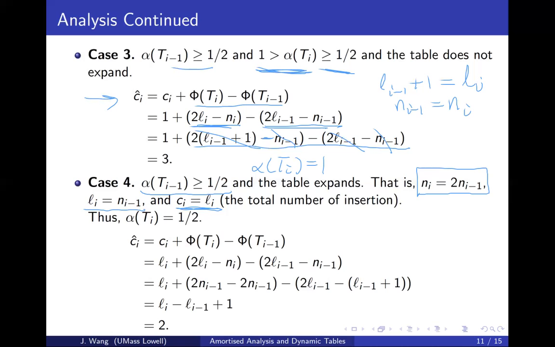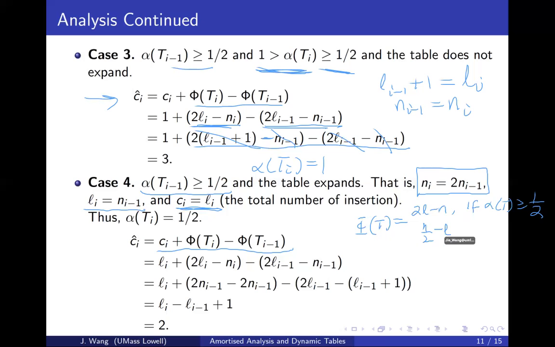So c sub i is equal to L sub i, and the potential function for T sub i is, once again, let's write that one down here: 2L minus N if the load factor is greater than or equal to 1/2.